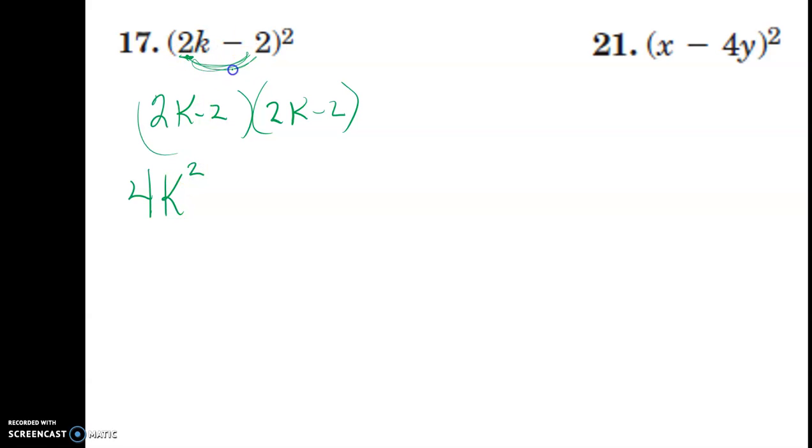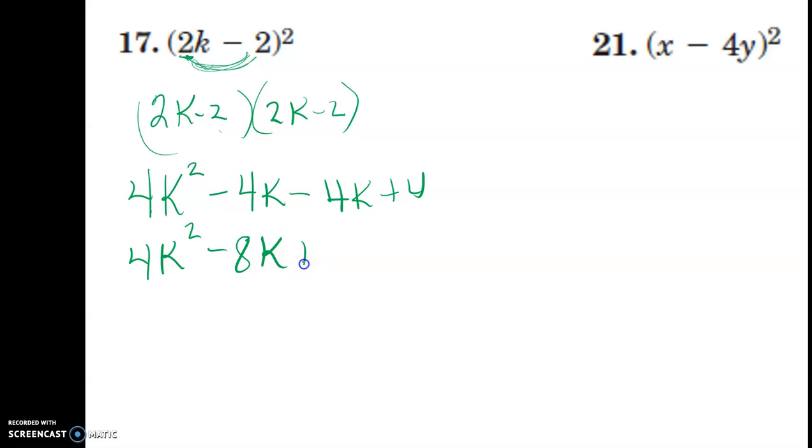But again, knowing that they're both going to be the same for inner and outer, I have a minus 4k, another minus 4k, plus 4. So remember that outer gives me 2k times -2. The inner gives me -2 times 2k. We have 4k squared minus 8k, no k squared there, plus 4. Remember when we are and are not allowed to add our exponents.